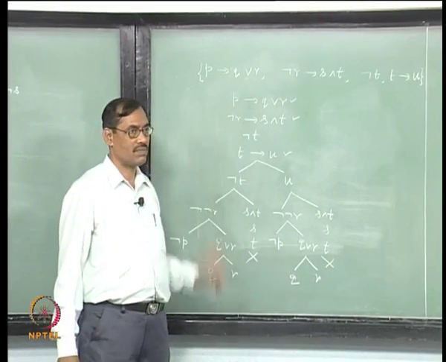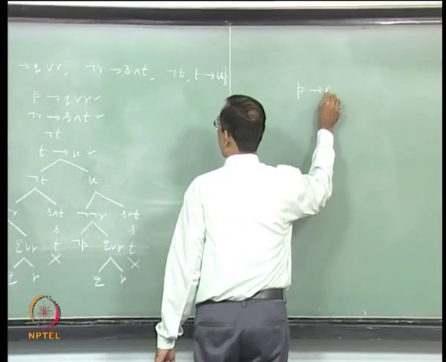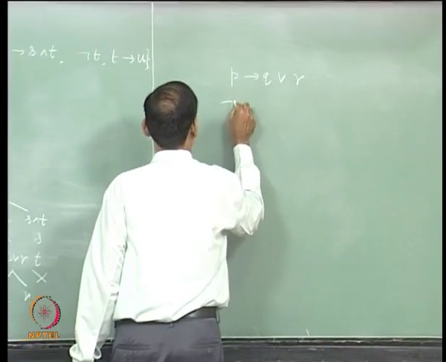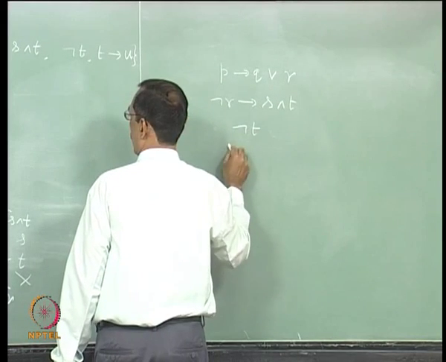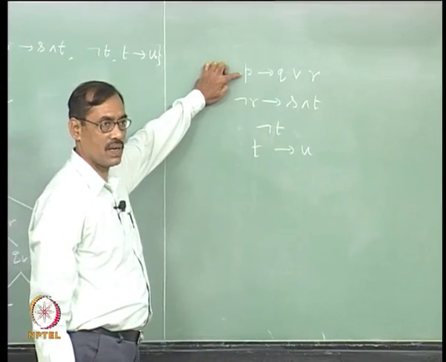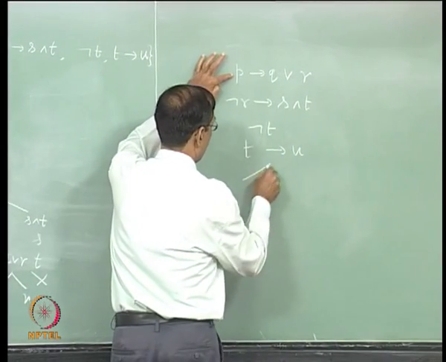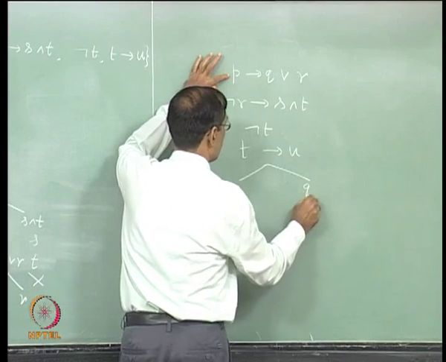I can start a tableau from there itself. Say I take a copy of that here. Suppose I use the first one. So there I will have two branches, one is not P, another with Q or R.